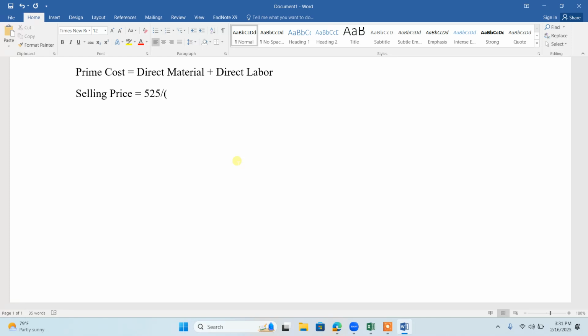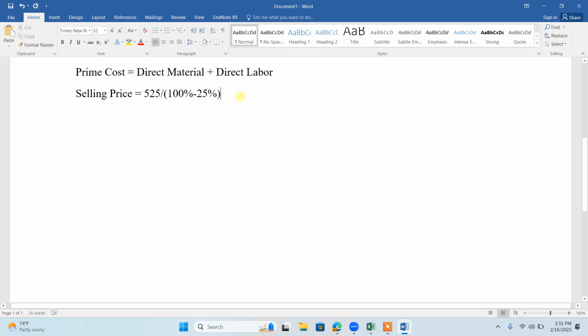So simply, if I take 100% and minus the 25%, the answer is 75%. If I simply divide this cost by the 75%, I will get the value of that selling price. Like normally I do like this, 100% minus what is the profit margin? That is the 25%. Okay.